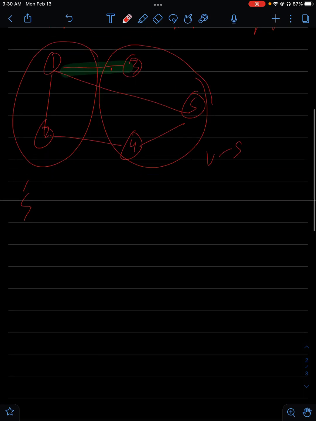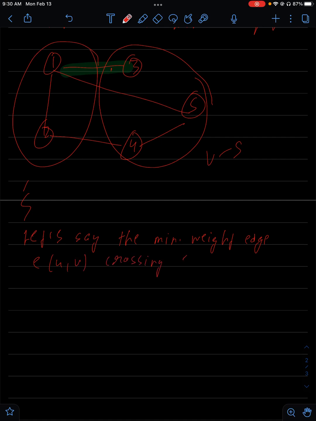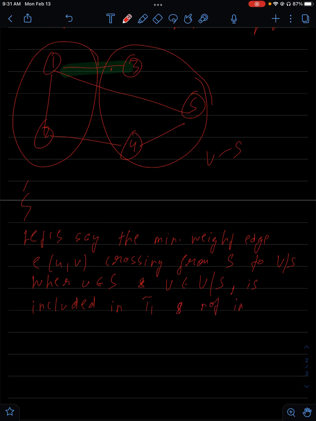So let's say the minimum weight edge E crossing from S to V minus S, where U is in S and V is in V minus S, is included in T1 and not in T2.